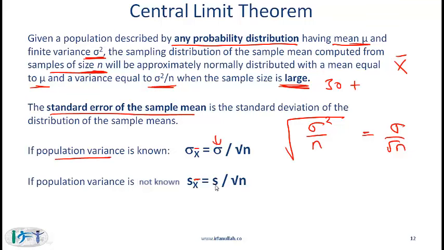Clearly, if the population variance is not known, then we use the variance or the standard deviation of the sample as a proxy, and again divide that by root n. So both these expressions are similar. Here we are using the population standard deviation because it's known. Here we are using the sample standard deviation because we don't know the population standard deviation.